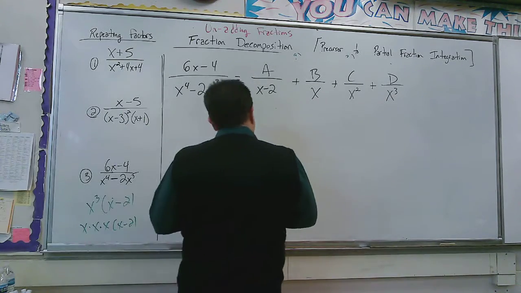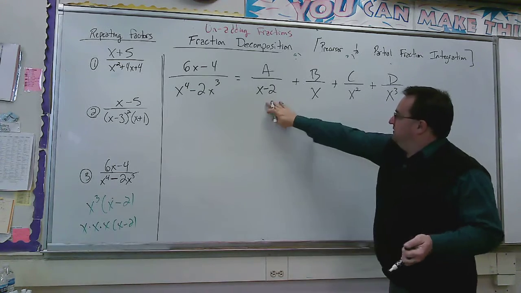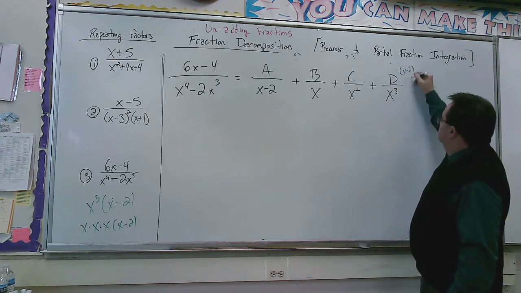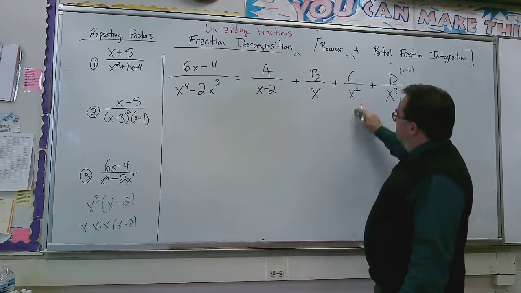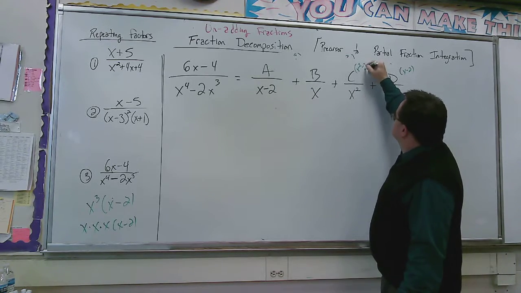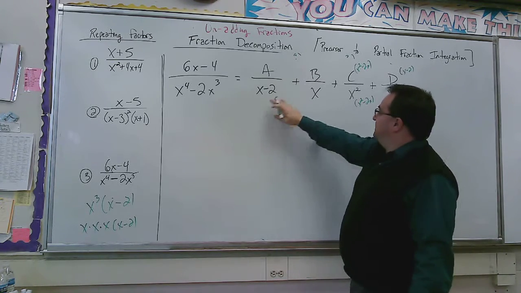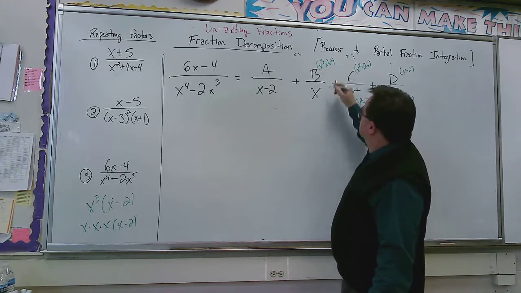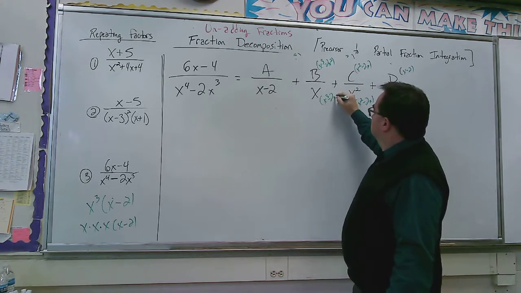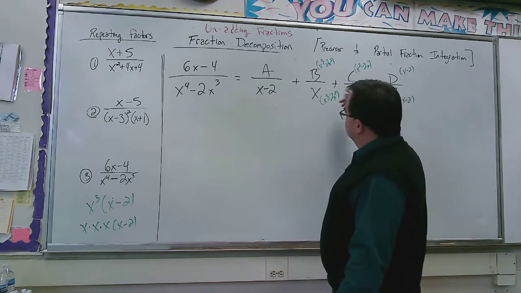So, we got to get our common denominators. Well, what's that going to look like? This only needs an x minus 2. This needs x minus 2 and one more x. This needs x minus 2 and 2 more x's. And this just needs the x cubed.